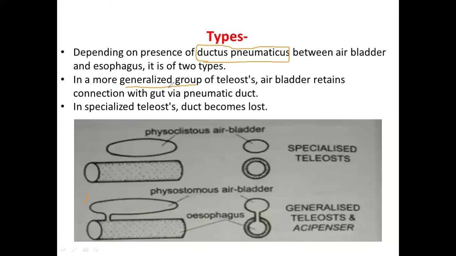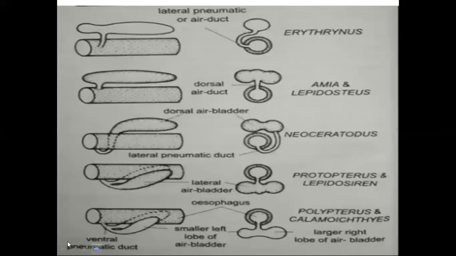But in the specialized kind of teleost fishes, there is no duct, no connection between the gut and the air bladder. So the ductus pneumaticus is generally present in the generalized teleost fishes and absent in the specialized teleost fishes. These are the different types. This is the gut and these are the air bladders. In Erythrinus, it is lateral in position.